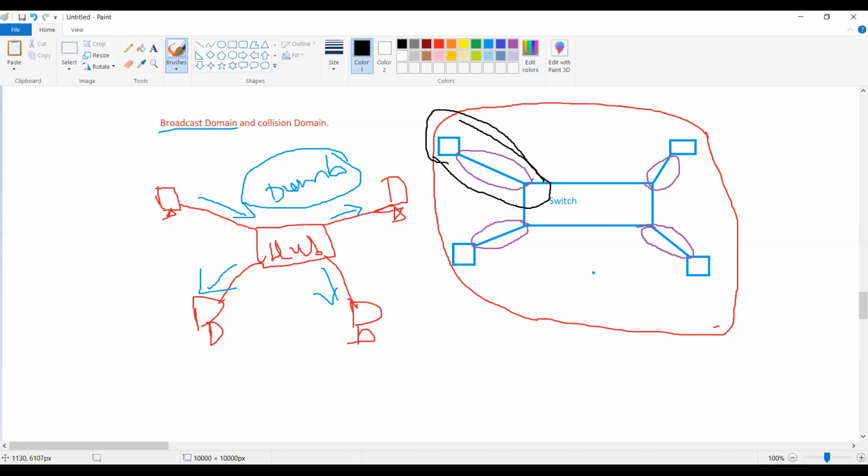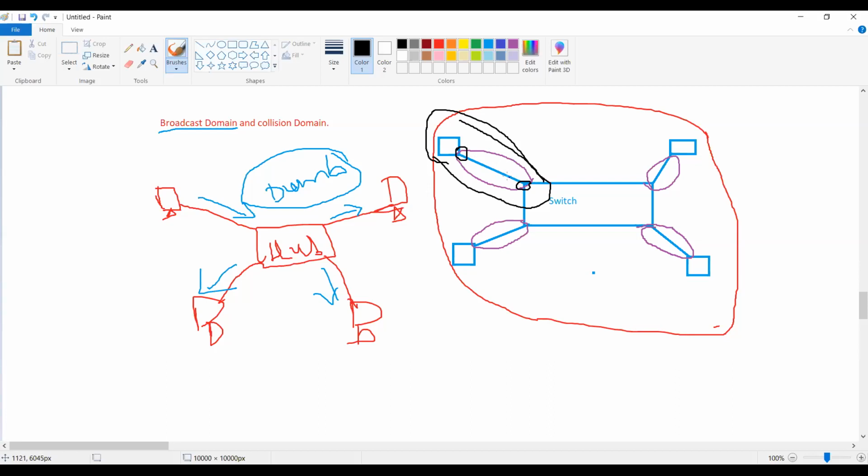They have ports where they exchange the data, from this port to this port and this port to this port.